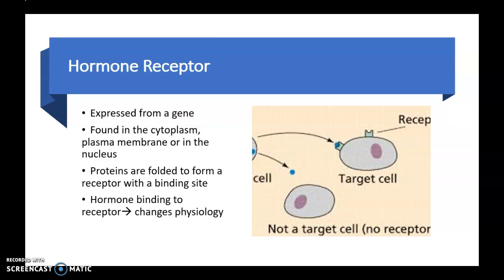That's the ultimate goal, remember. So the take-home message here is that receptors are not only found on the membrane, but they can also be found in the cytoplasm or on the nucleus. And the ultimate goal is to change the function of the cell or to change the physiology of the cell.